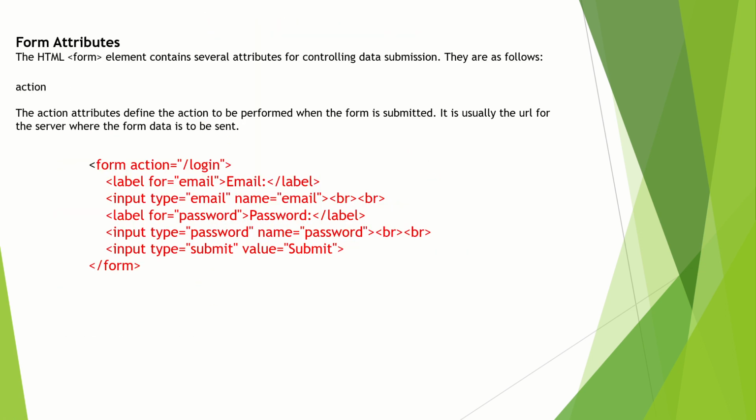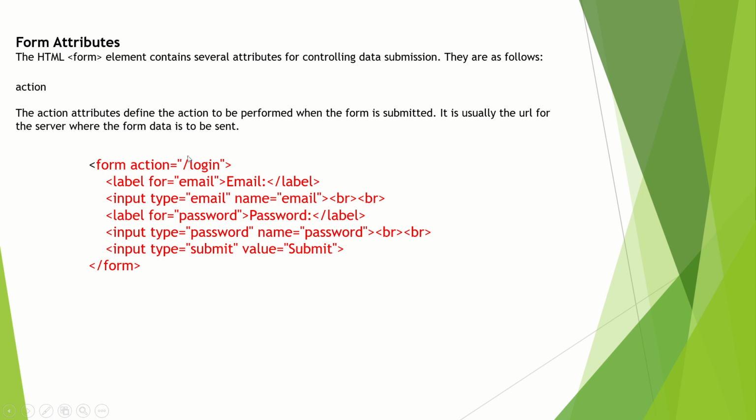Next are the HTML attributes. HTML attributes consist of several attributes for controlling data submission. This follows the action. The action attribute defines the action performed when the form is submitted. It is usually the URL of the server to which the data is to be sent.